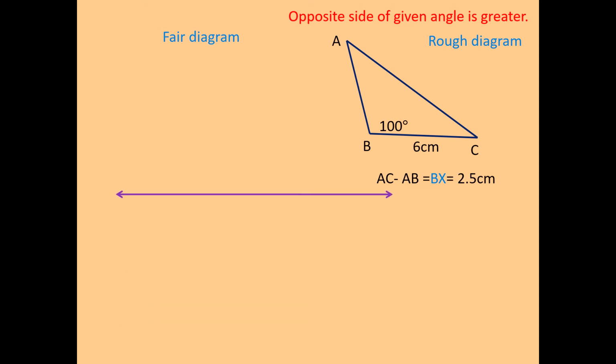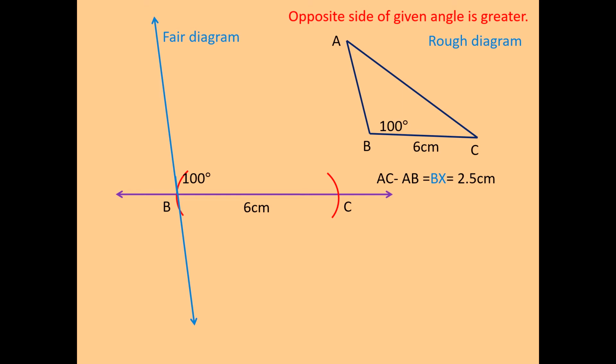The opposite side of the given angle is greater, so we will first draw the baseline. In that we will mark base segment BC as 6 centimeter. At B we will draw 100 degrees and extend it to the downward side. Whenever the opposite side of the given angle is greater, the angle has to be extended to the downward side.